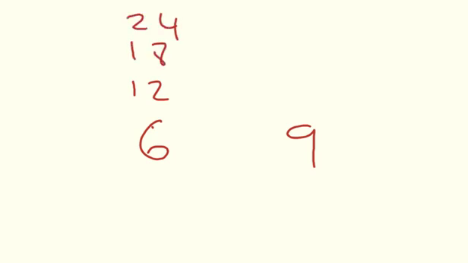Okay, lowest common multiple. So let's just take 6 and 9. We know what multiples means. Multiple means your times table. Multiples of 6 are 12, 18, 24, yeah? Multiples of 9 are 9, 18, 27, 36.